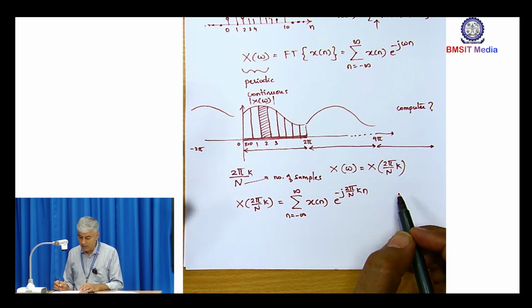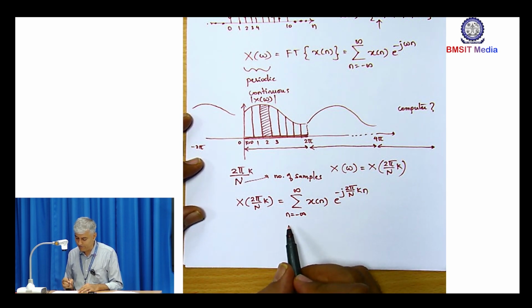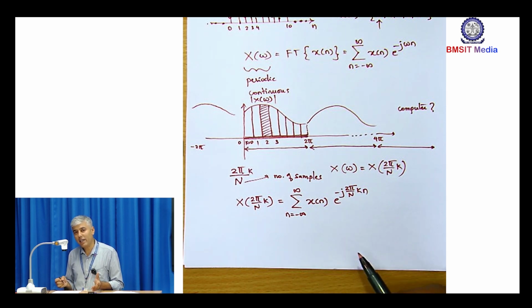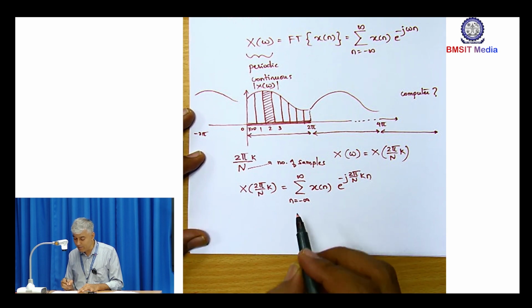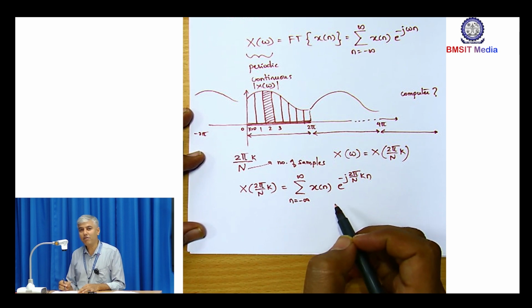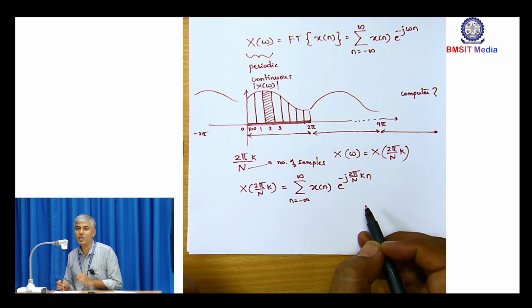So the summation that you are seeing over here, that is X of k, that is there from minus infinity to plus infinity, how many samples are there? Obviously there are infinite number of terms over here. Now is it possible that this particular summation can be divided into further infinite number of summations, but the condition is that each of these summations will have N samples.